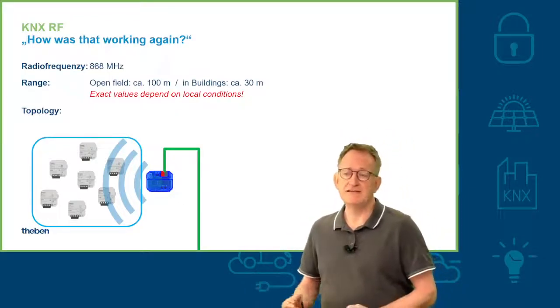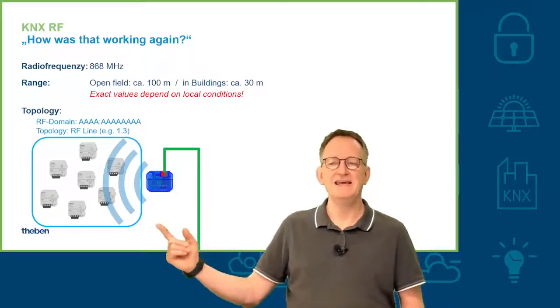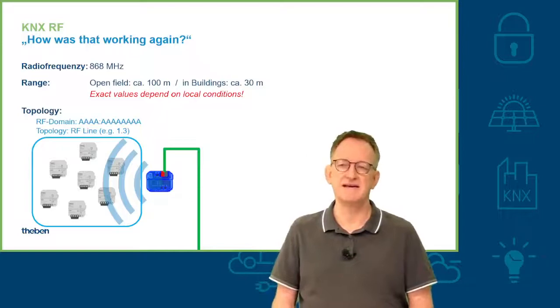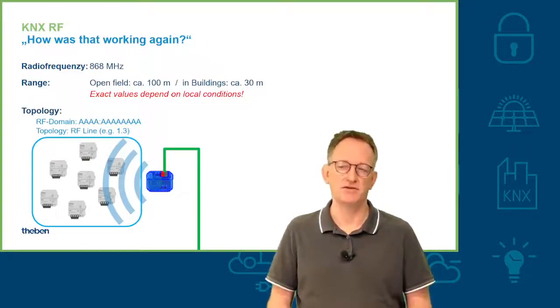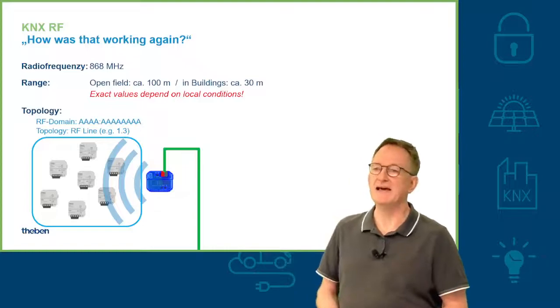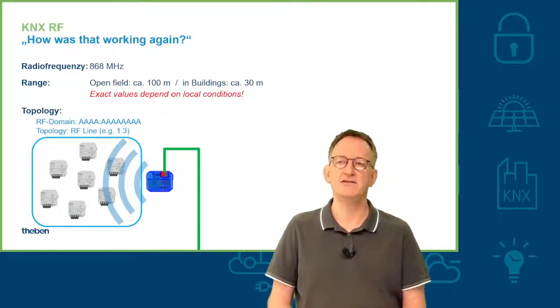These devices are assigned to the media coupler, and very important, all the devices which are assigned to that media coupler belong to one specific unique RF domain. This domain has its own name, and only devices which are in that domain can talk to that media coupler.